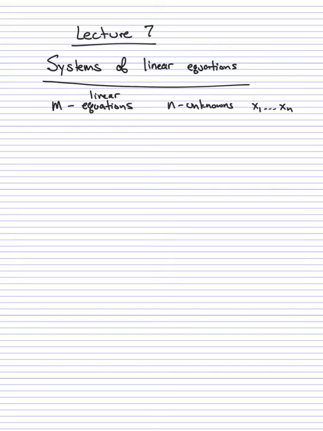A general system looks like a11 x1 plus a12 x2 all the way up to a1n xn is b sub 1. Let me note here that the a sub ij and the b sub i are going to be elements of our field.